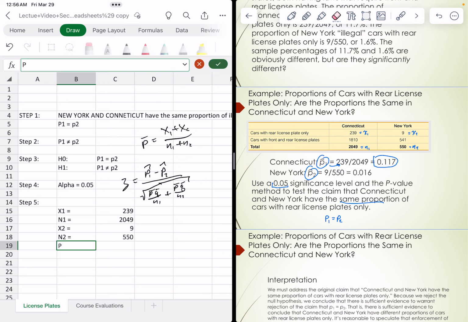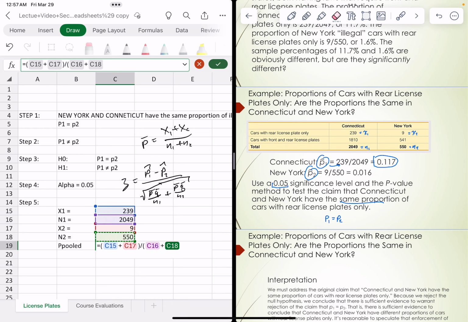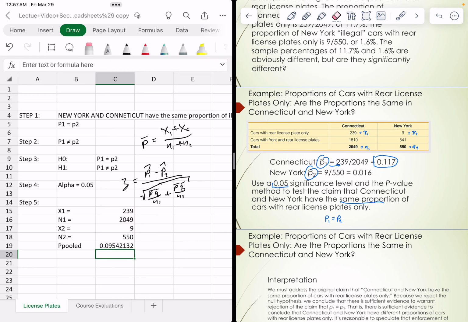So P pooled is going to equal parentheses X1 plus X2, close parentheses, divided by N1 plus N2, enter. Okay, so there's my pooled proportion.